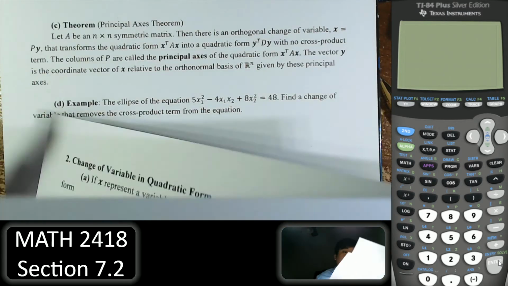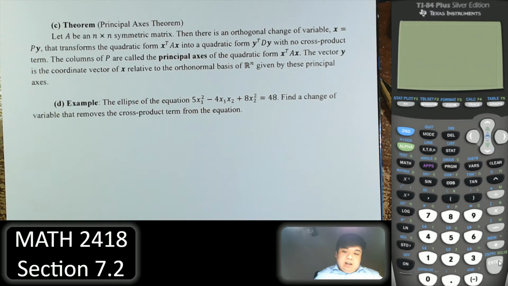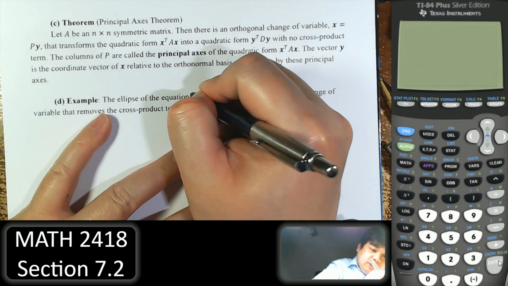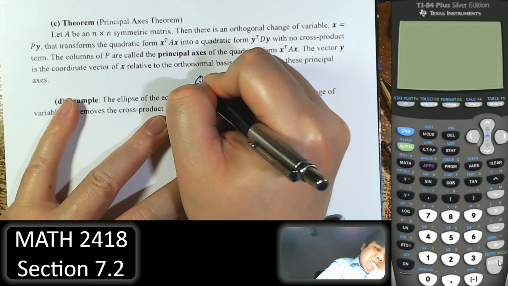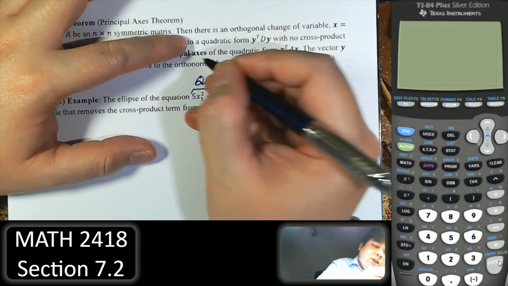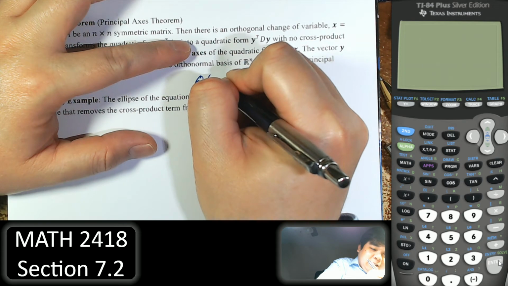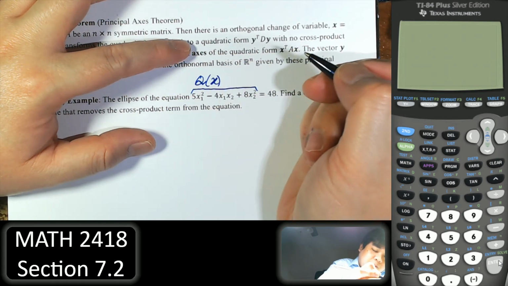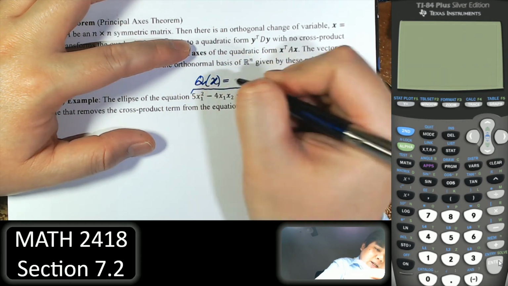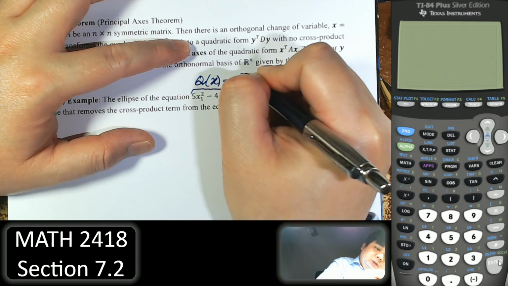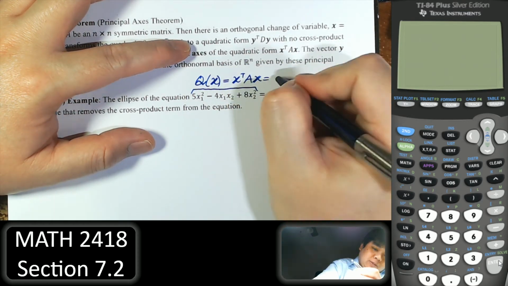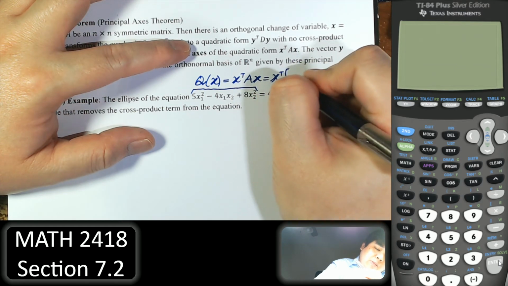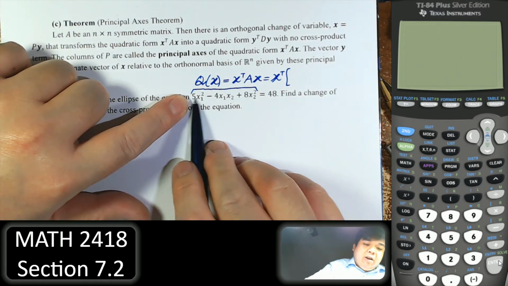Right. So we're going to do the same thing here. Let the left hand side be Q of x, equal to x transpose A x. The matrix corresponding to that, we have 5 and 8.